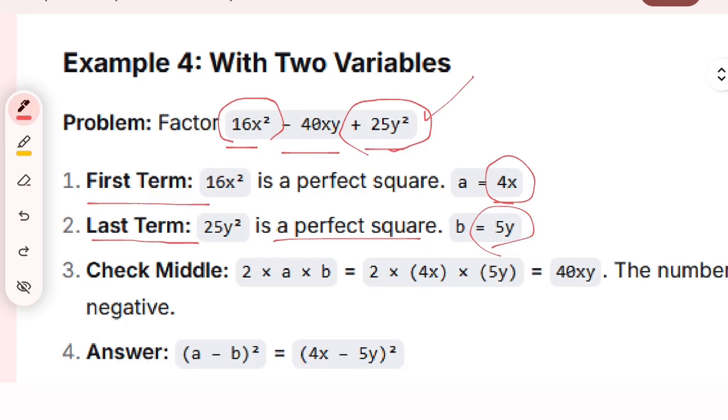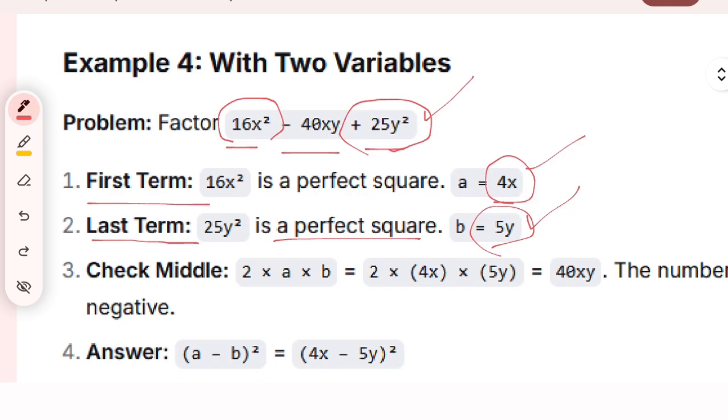What is the third condition that we need to satisfy? The third condition is if we multiply the first term, which is 4x, by the last, which is 5y, and then you multiply it by 2, is the answer equal to the middle term?